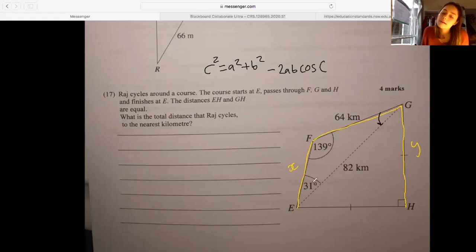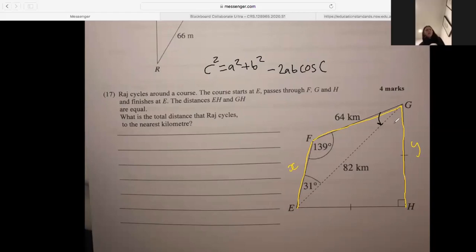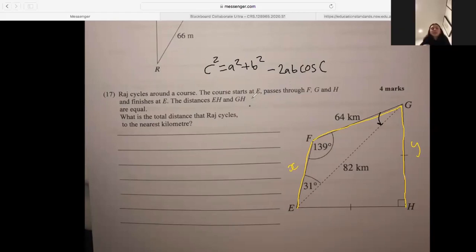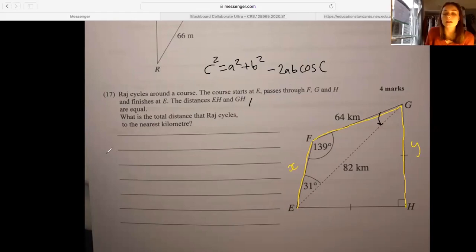Do you remember if you have two angles in a triangle, how to find the third one? Is there like a formula? Kind of. It's just angle sum of the triangle equals 180. That's what I was thinking, but I thought that was too easy. Yeah, no, that's literally it.